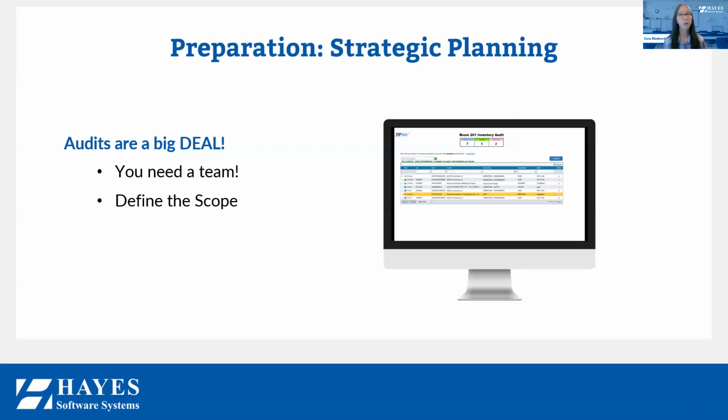So when are we going to do it, and what do we need? What kind of things do we need in place in order to do that? And as they're defining the scope of the audit, they're also going to be working on the process by which we communicate the scope, the plan, and the goals of this audit and what we're going to do.